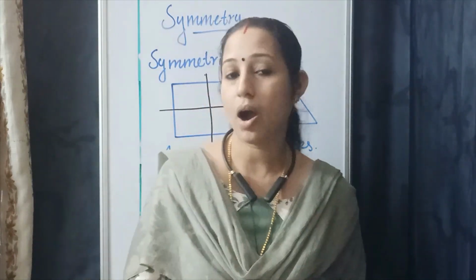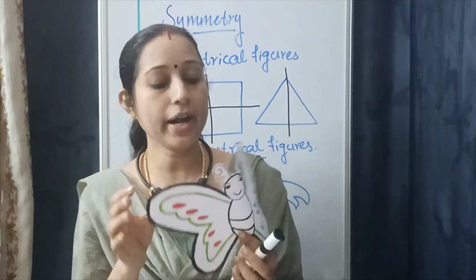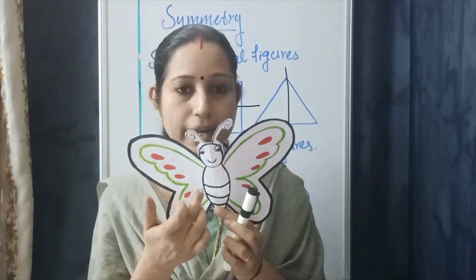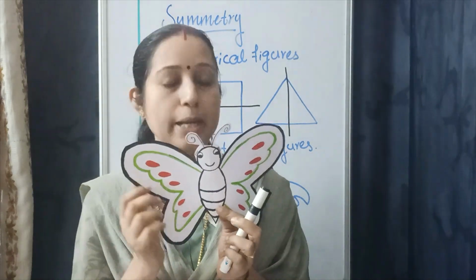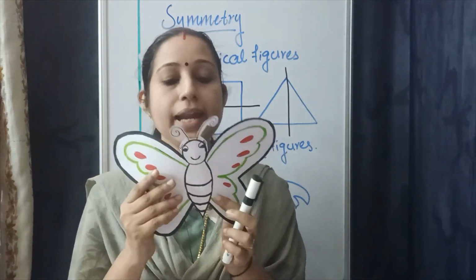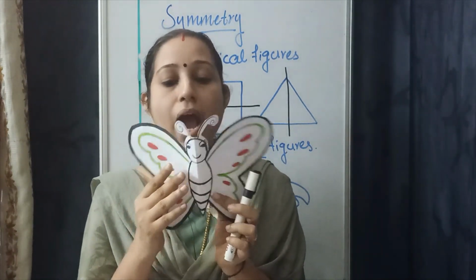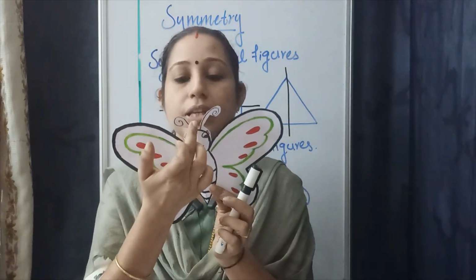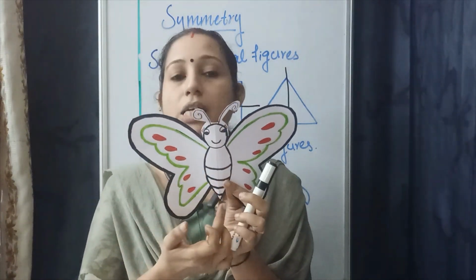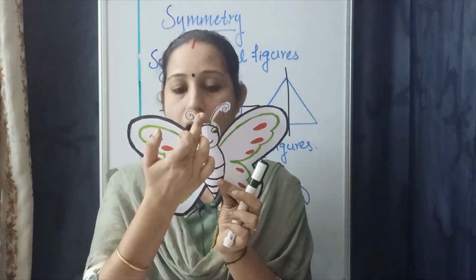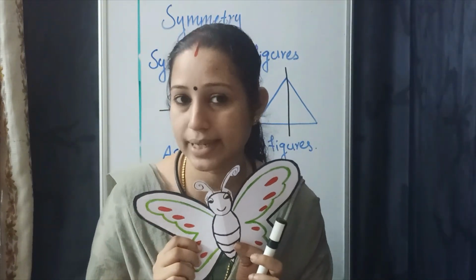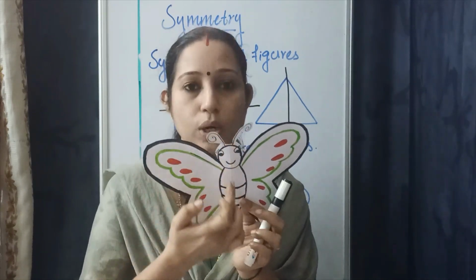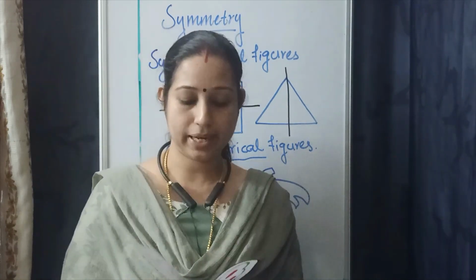So if we divide an object into two halves and each half is exactly the same, the line we divide along is called the line of symmetry.